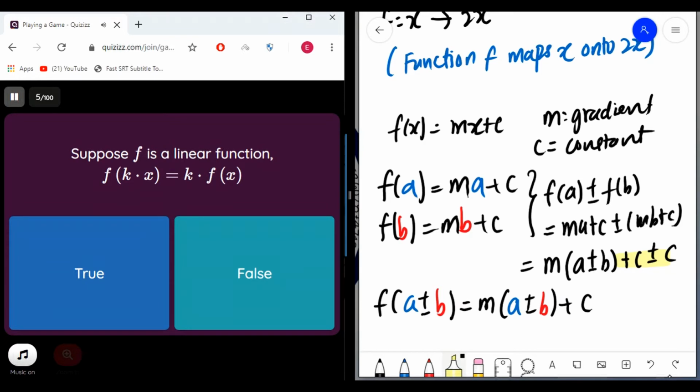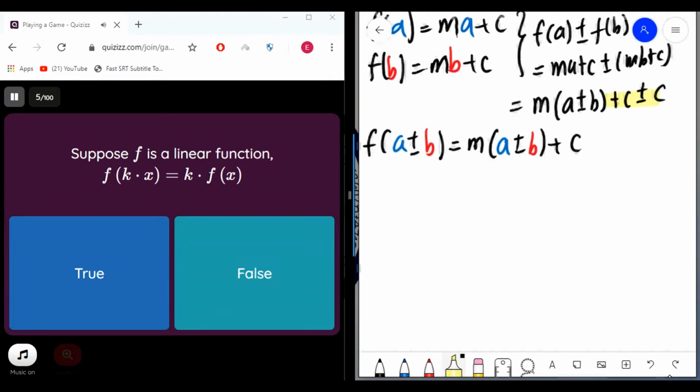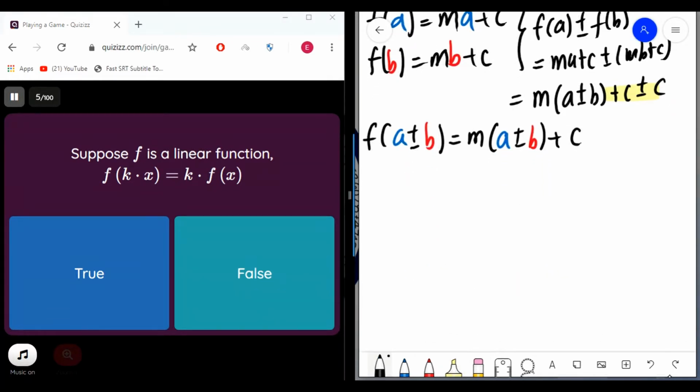Suppose f is a linear function, f(kx) = k f(x). Okay, according to the logic from the last question, it should be false, right? Alright, we'll apply the same method here. f(x) equals mx + c. So f(kx) will be mkx + c.